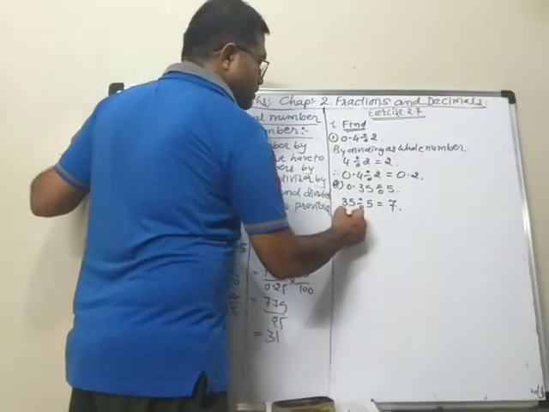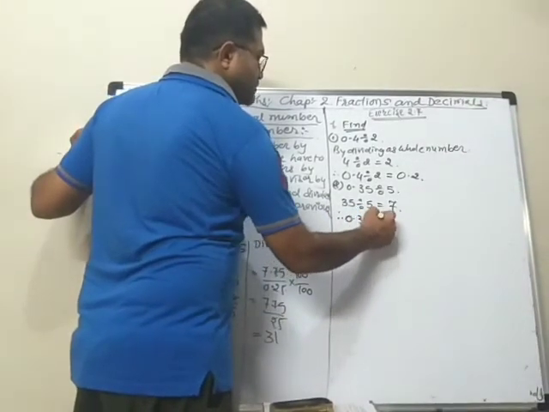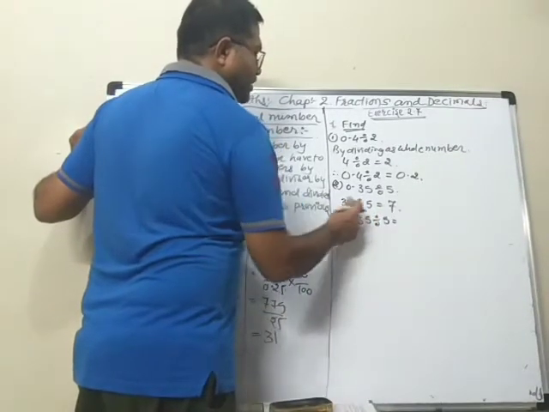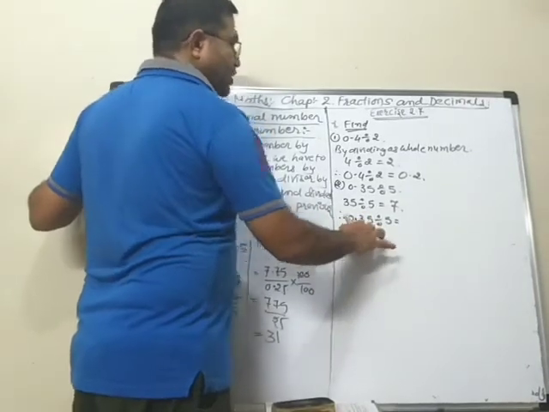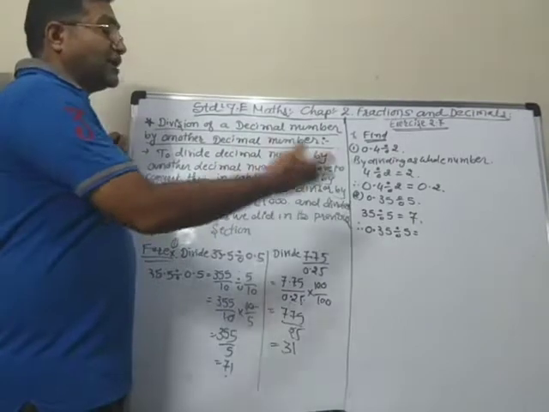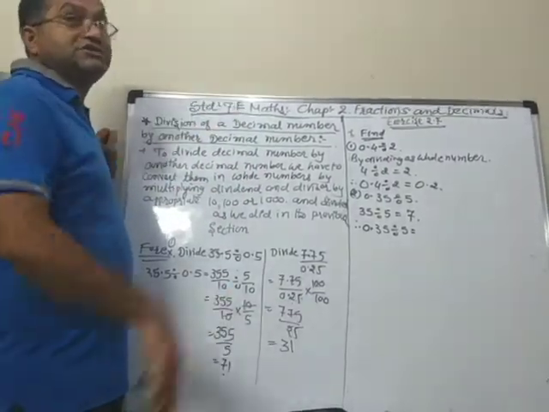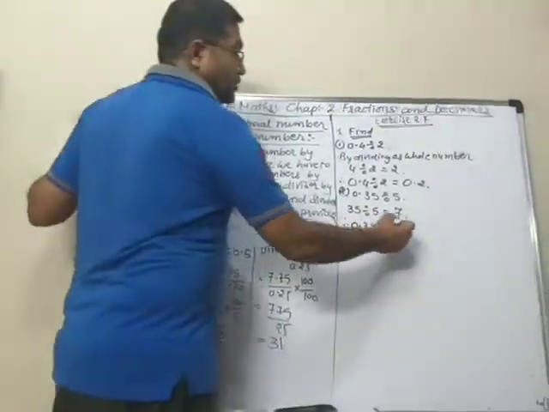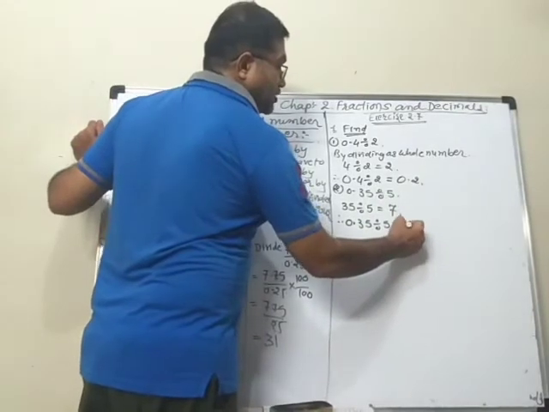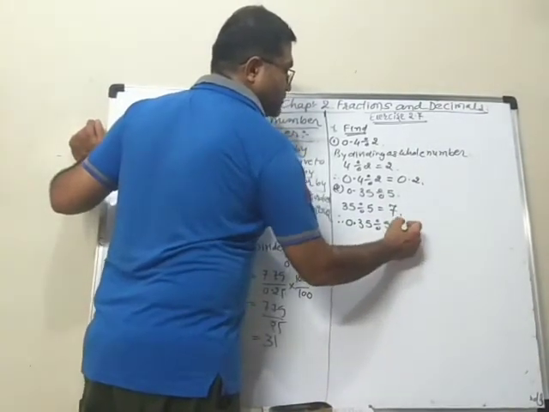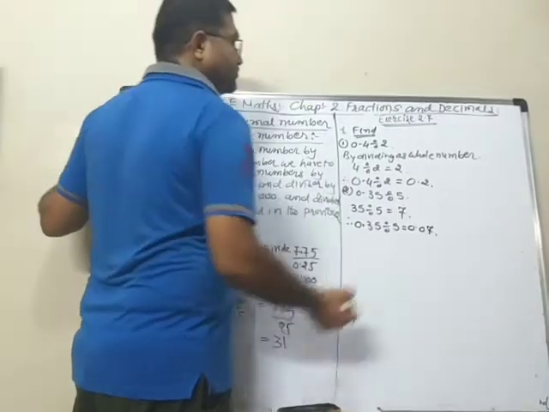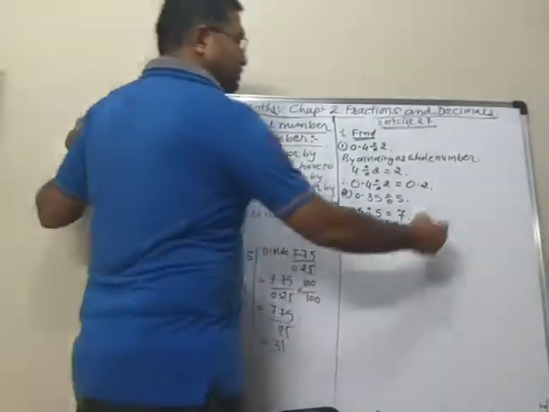Therefore 0.35 divided by 5, here there are two decimal places because after the point there are two digits. So in the answer also there must be two digits after the decimal point. There is only one digit here, so we have to put another 0 here. So your answer will be 0.07.